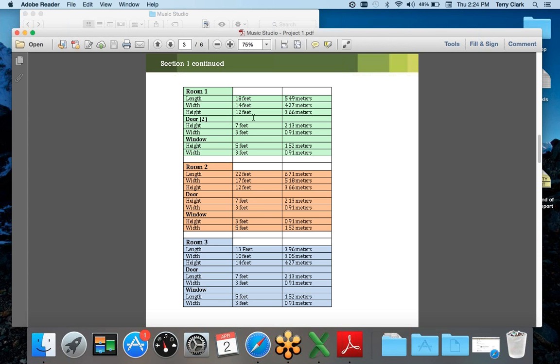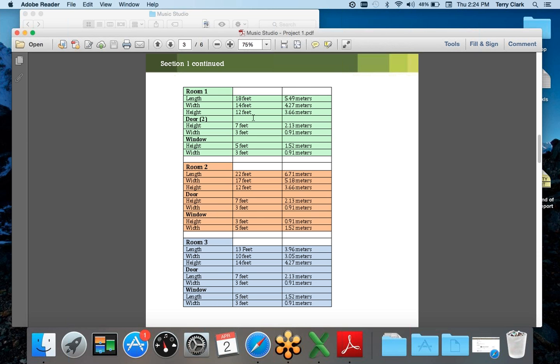Okay, for section one, continued, these are the measurements that will be used for each room. You've got your feet and then you have your meters, and you can use whichever one you want.